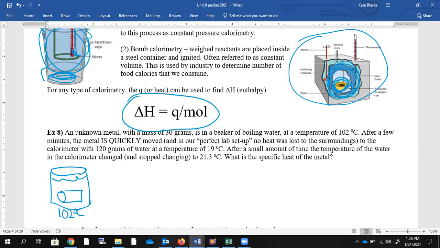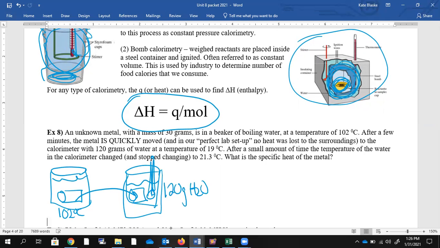The metal is quickly moved, and we're going to pretend like no heat is lost as it is moved into a calorimeter. So here's our double-walled calorimeter with the thermometer down in there. We put that chunk of metal into that calorimeter. It's got 120 grams of water, which initially started at a temperature of 19 degrees Celsius.